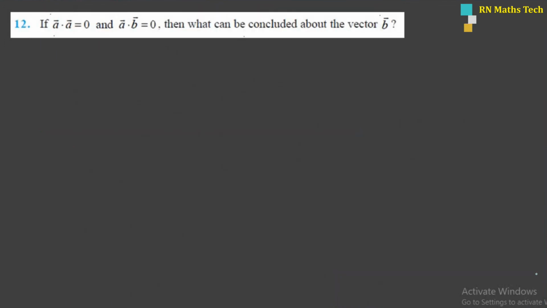Now 12th one. If a dot a equal to 0 and a dot b is equal to 0, then what can be concluded about the vector b bar? See, a bar dot a bar equal to 0 implies that a bar is a 0 vector.